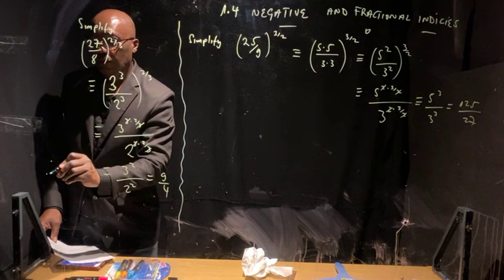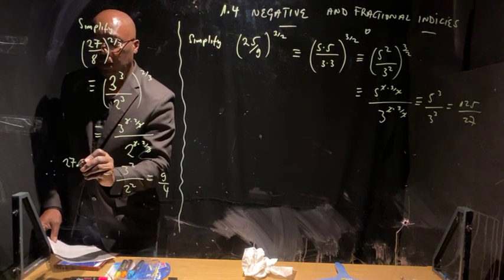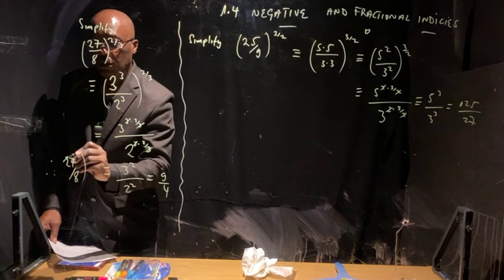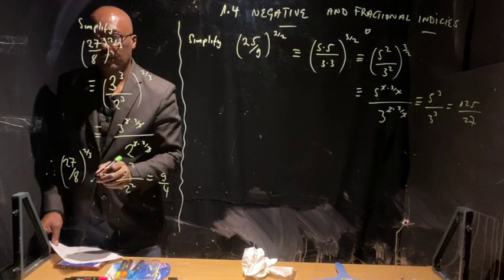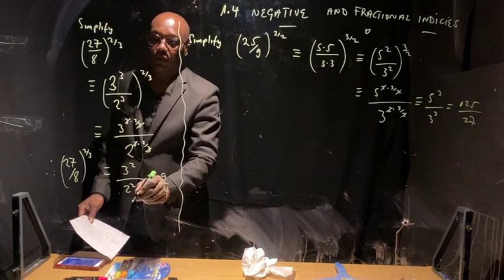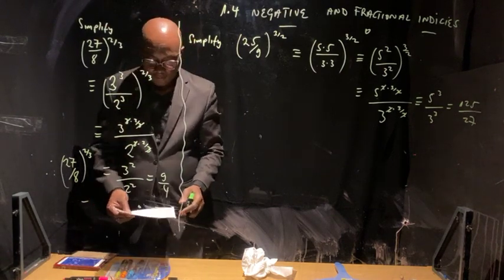Therefore, 27 over 8 raised to the power 2 over 3 is equal to 9 over 4. That should be the answer.